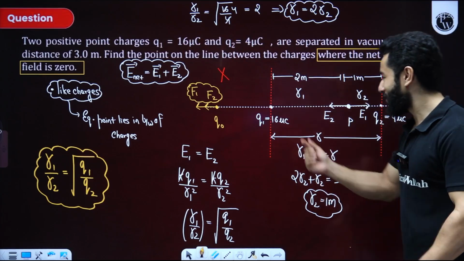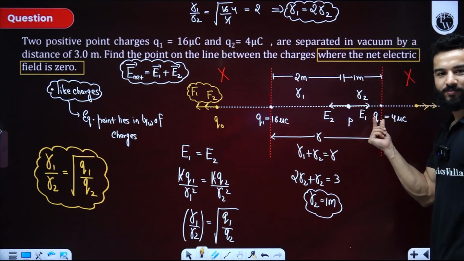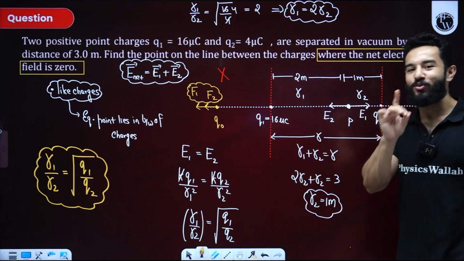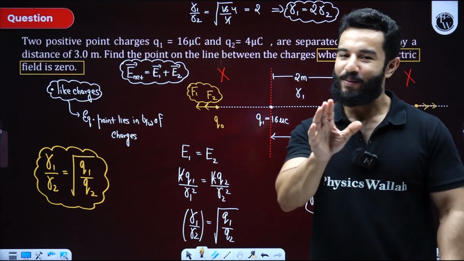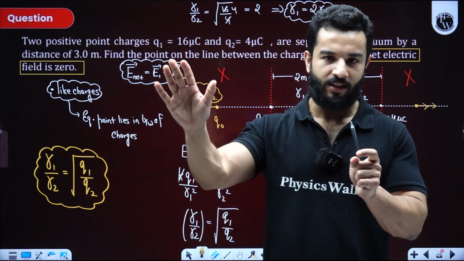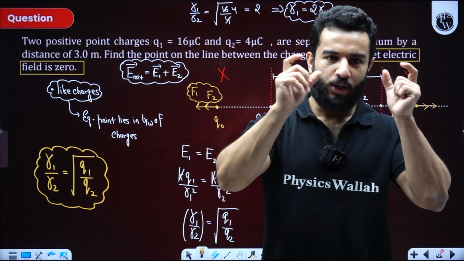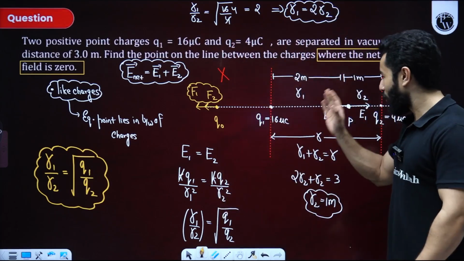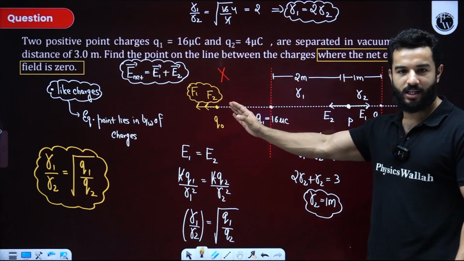Let's suppose this was 16 and this was minus 4. Or let's suppose this is minus 16 and plus 4. Now, which one has got lesser magnitude? Please don't say minus 16. When we are talking about magnitude, remove the sign. The use of the sign was just to know whether the equilibrium point will lie in between or on either side.